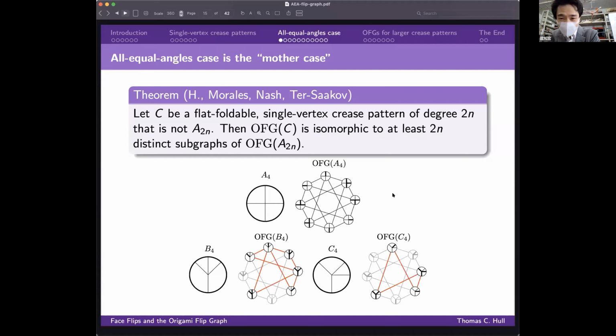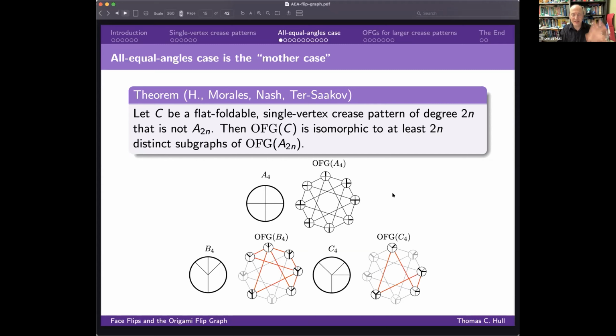There is another question. Yes, I see that. Viewing A sub 2n as a terminal object, can the single vertex case be described as a category? Oh, that's maybe, yeah. That's what I would love for this to turn into, that whenever in mathematics we can explore structures like this. The origami flip graph gives us a structure that we can put onto mountain valley assignments. And then the challenge is, is that a structure that we already understand elsewhere in mathematics?